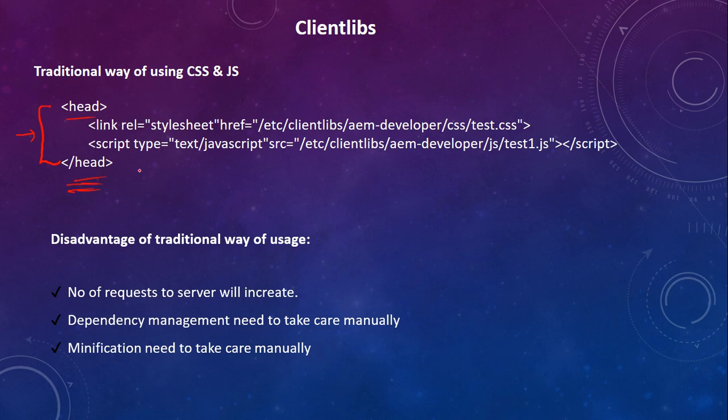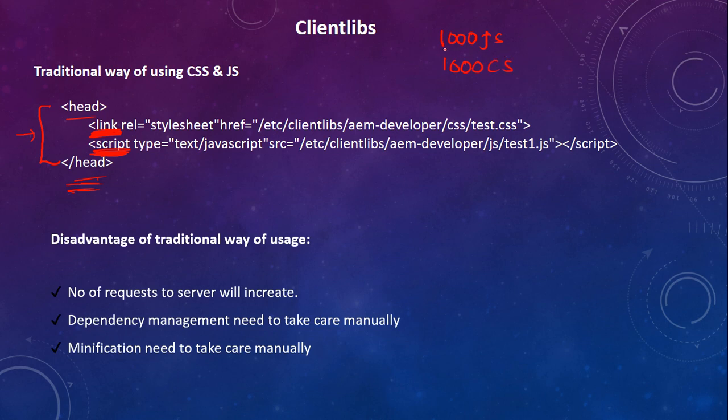And if you want to include your CSS inside the HTML, then we use this link. And if you want to include JavaScript in your HTML, then we use this script. So these both things we will use. But consider we have 1,000 JavaScript files and 1,000 CSS files.